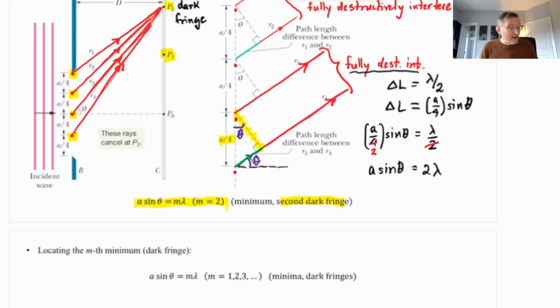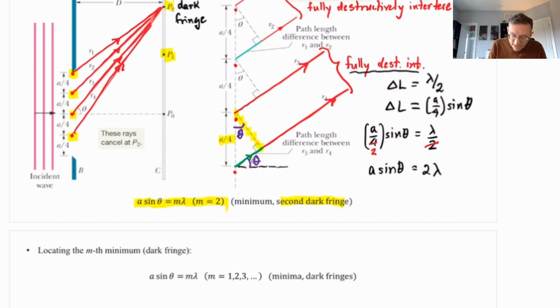All right? Now, you could continue this process, always dividing the slit with width A into an even number of parts and requiring that pairs of waves fully destructively interfere, and then you'll just have a bunch of destructive interferences and you'll have darkness.